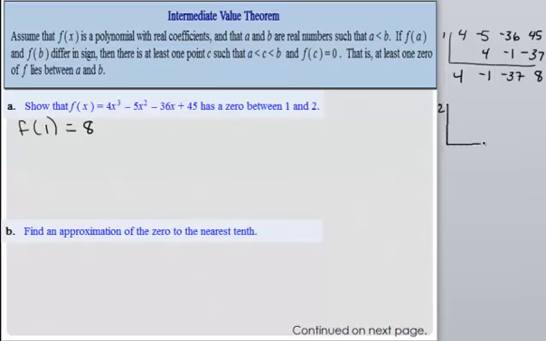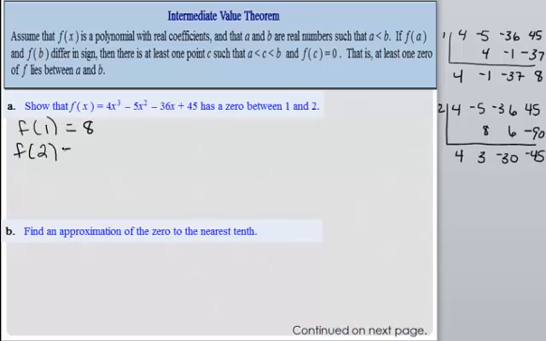Well, what is f of 2? Four, 8, 3, 6, negative 30, negative 90, negative 45.